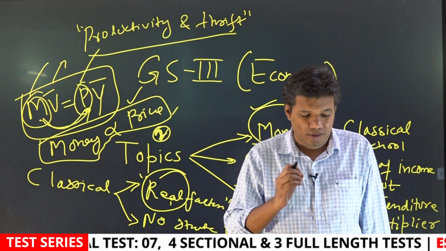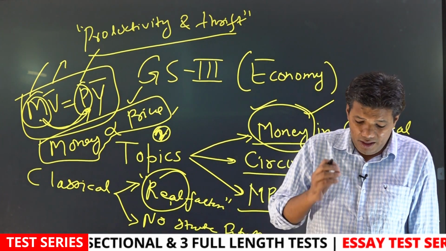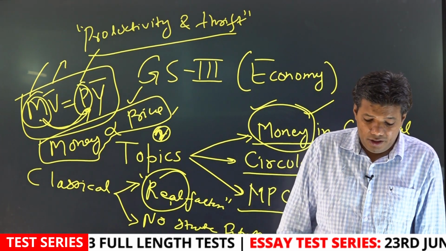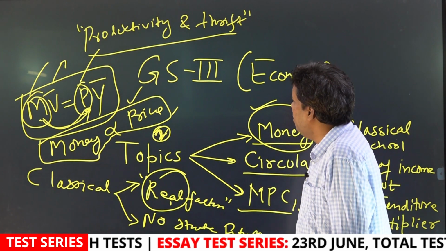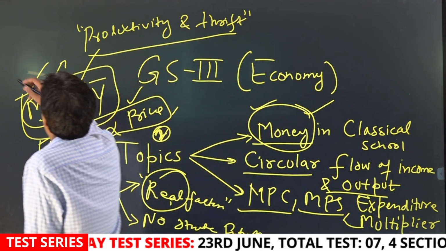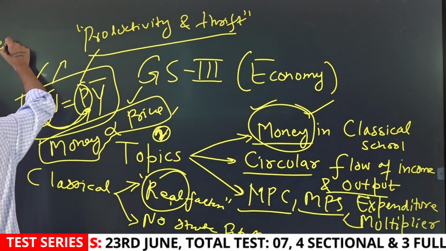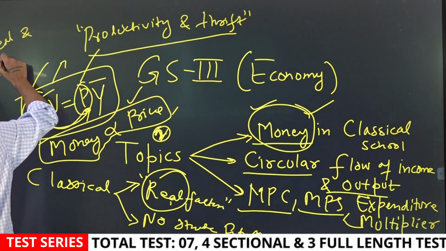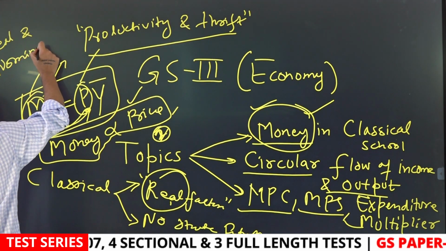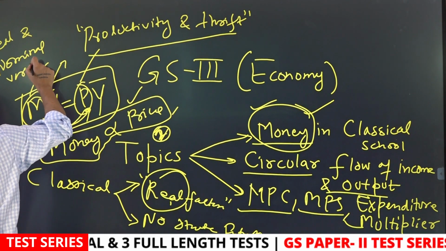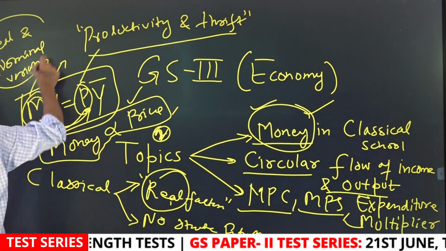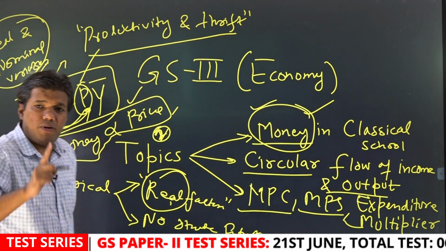The second important feature of the classical school is the dichotomy between the factors determining real and nominal variables. So the real and nominal variables are determined by different factors as per the classical school.